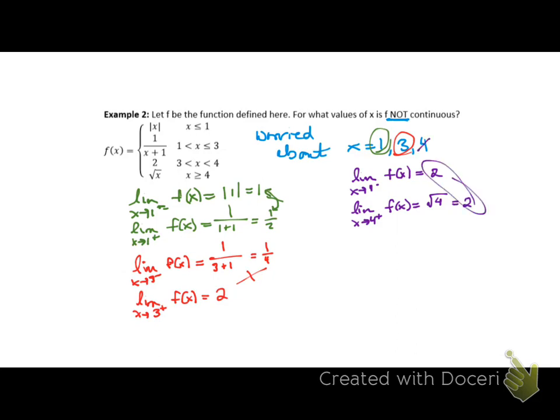So 4 is not one of my answers because I'm trying to find out where it's not continuous. Final answer, not continuous, which I'm going to abbreviate as CONT, at x equals 1 and x equals 3. And that's it.